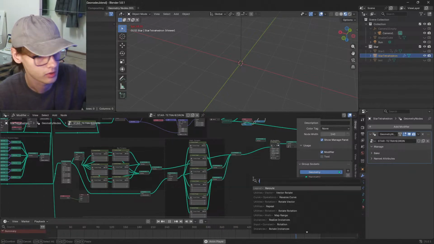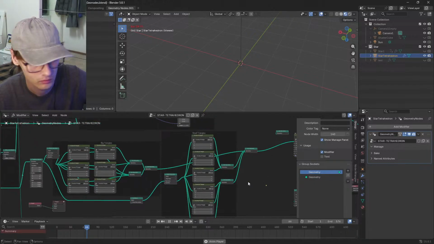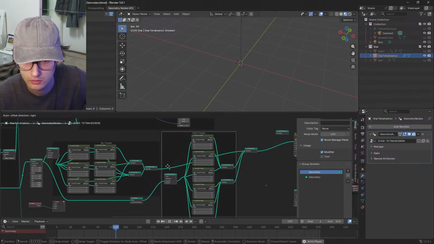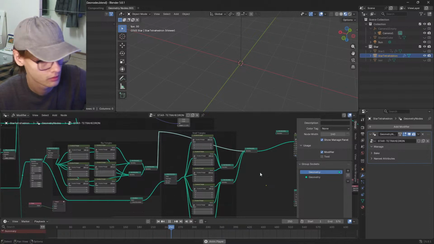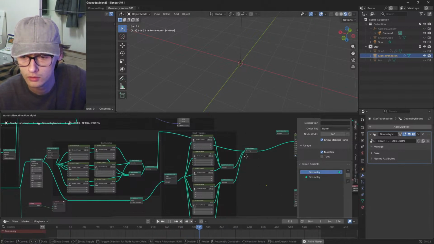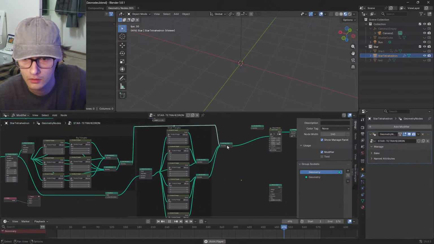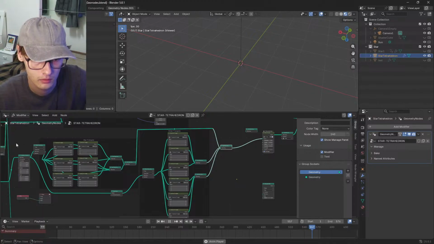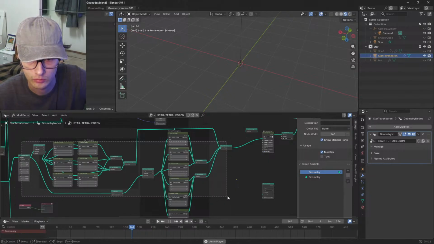I'm gonna add a reroute node just to clean this up even more. What did I do? Okay. Now I'm gonna put this all in one group.